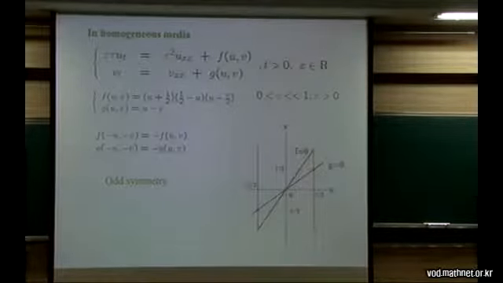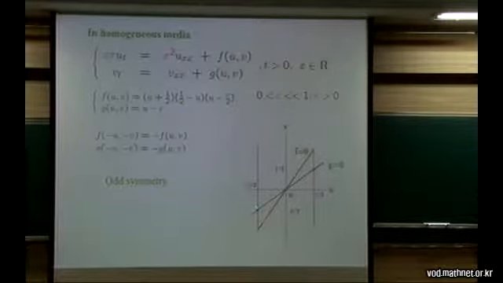Here we use special nonlinearities f and g like this. Very special. The middle line of f is just piecewise linear, the red line, and the middle line of g is also linear. In this picture, the red one and the blue one intersect at 3 points like this. So this system has 3 constant solutions.